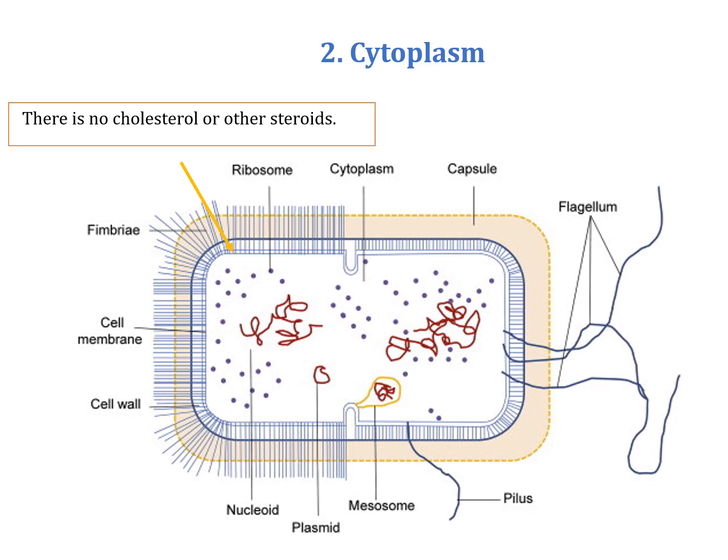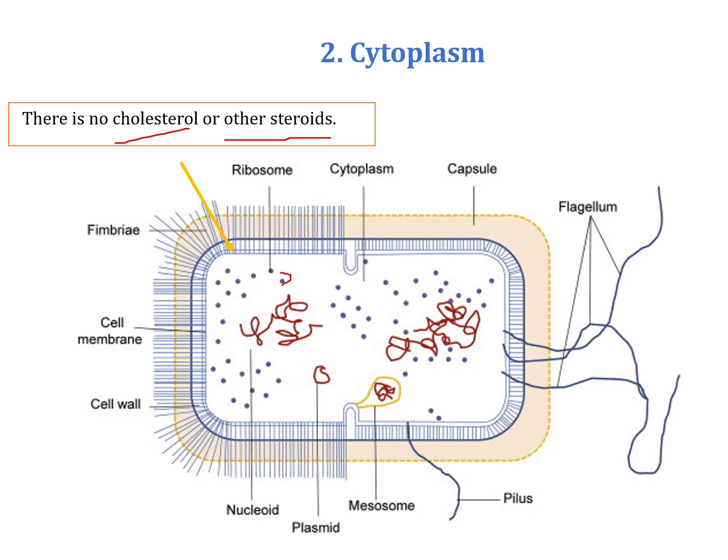Now next is the cytoplasm. Cytoplasm is a semi-fluid ground substance enclosed by the plasma membrane. In bacterial cells, which we are particularly discussing, the membrane is a phospholipid bilayer, but there is no cholesterol or other steroids present in the bacterial cell membrane. The cytoplasm appears granular.